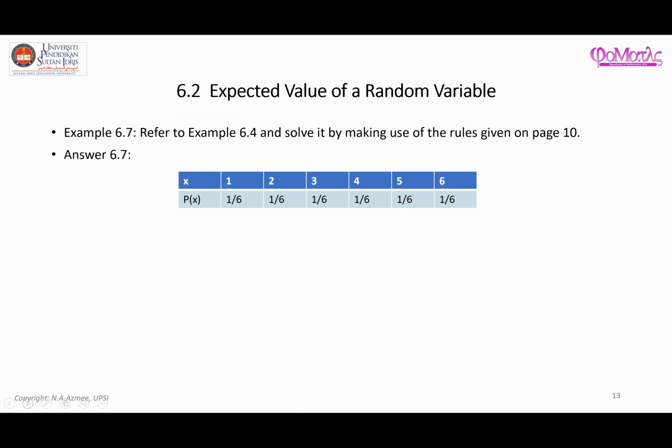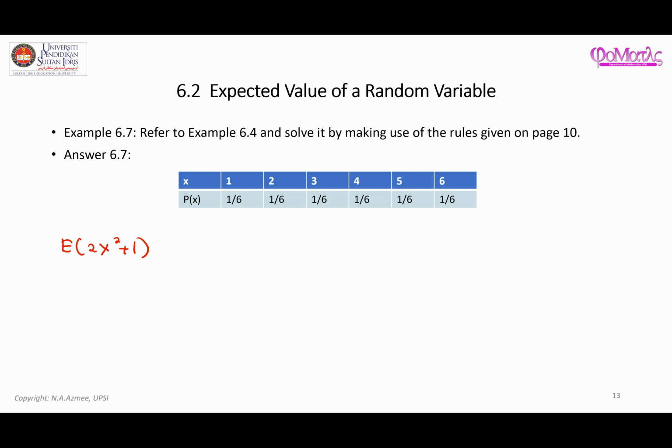Let's move on to this example. Here we are referring to example 6.4, and we're going to solve it by making use of the rules given on page 10. This example asks you to find the value of this expression. How do we find this value?